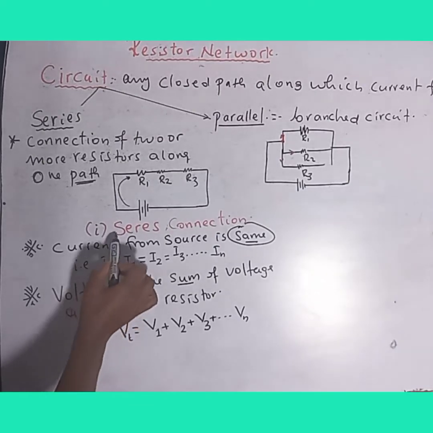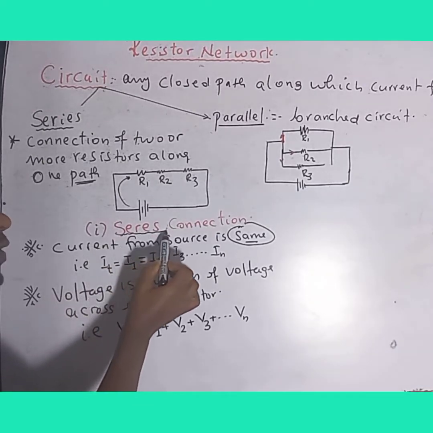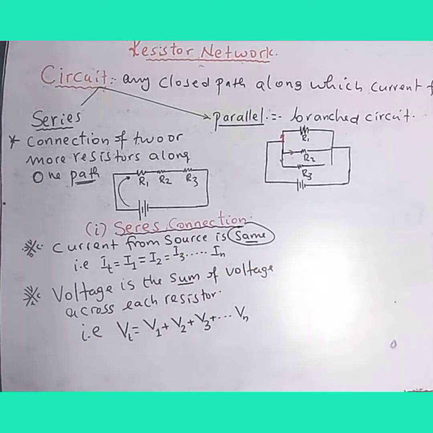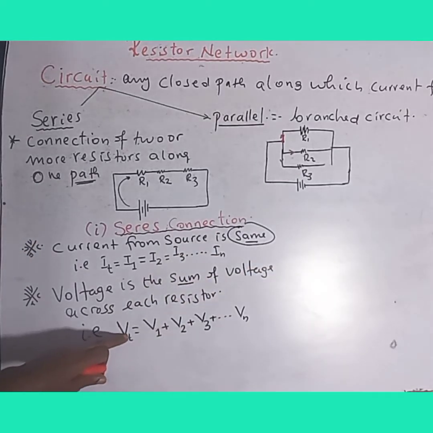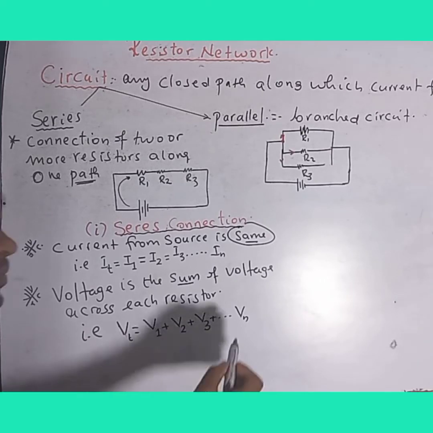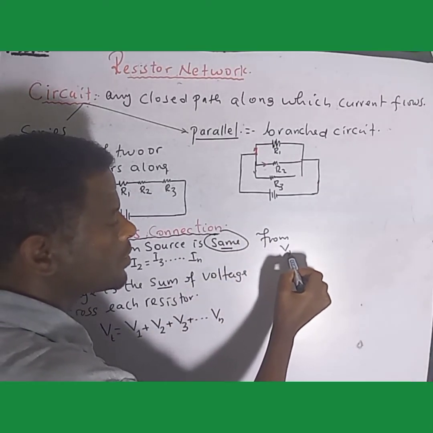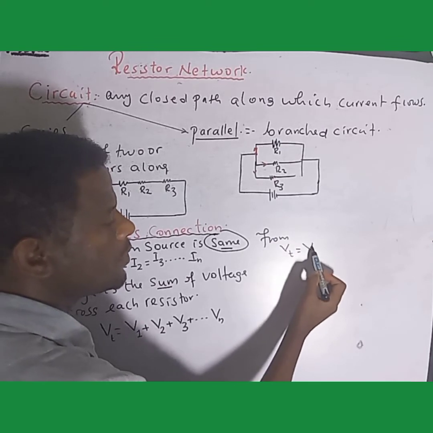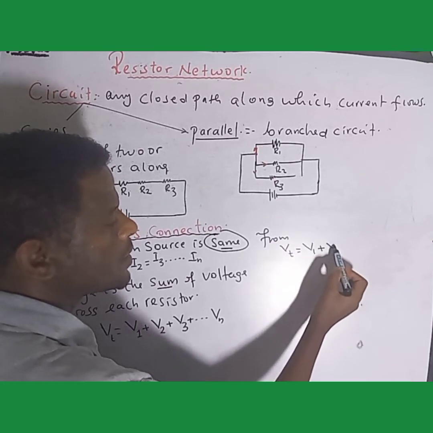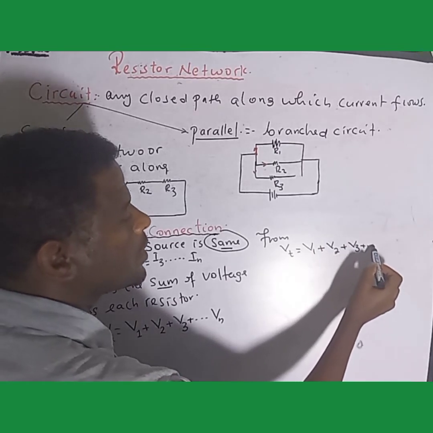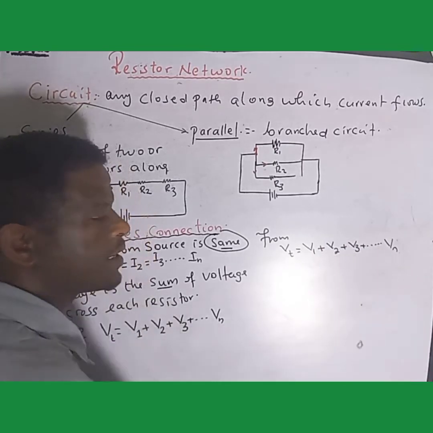For a series connection of resistors, to find the total resistance, let's take the voltage equation: total voltage equals V1 plus V2 plus V3 plus Vn.